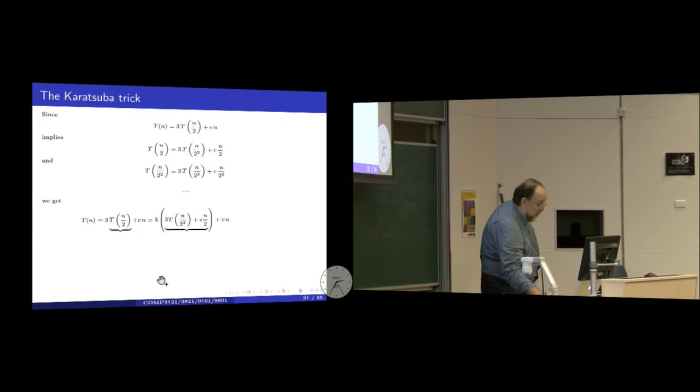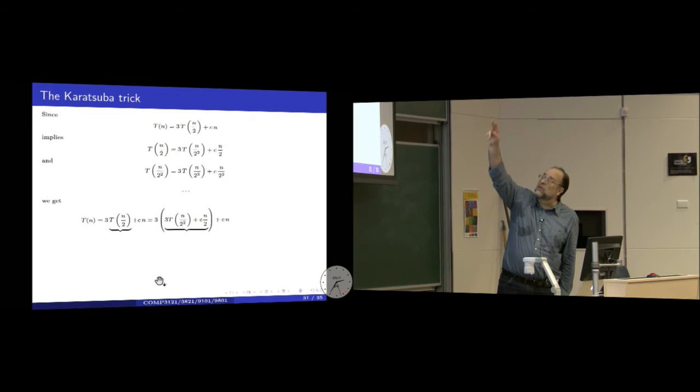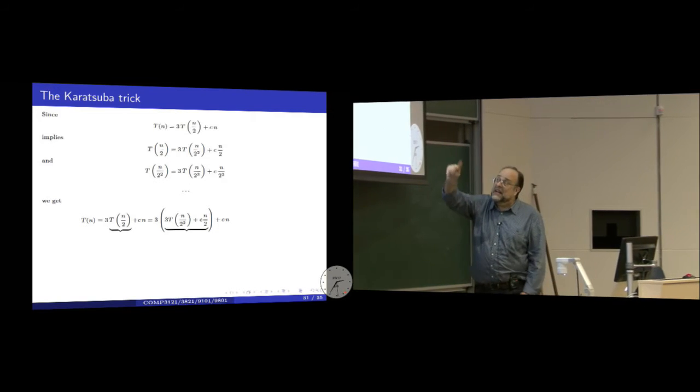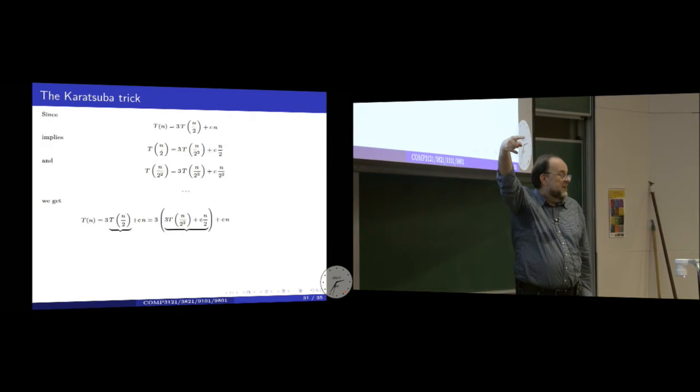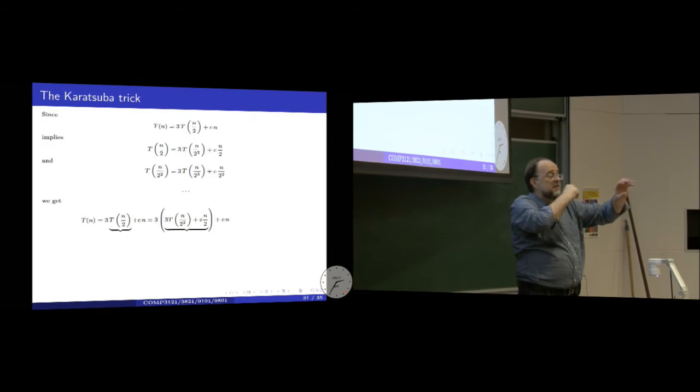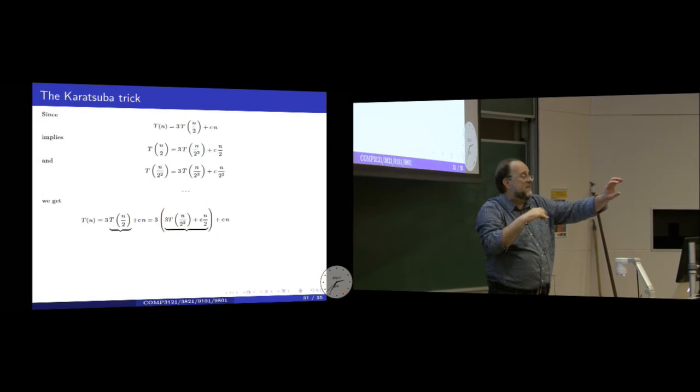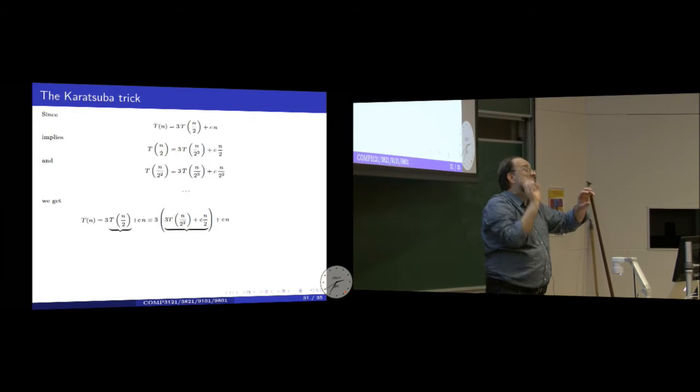And now you substitute all of these formulas gradually by unwinding this recurrence, right? Because the recurrence tells you how to express T(n) in terms of the half.